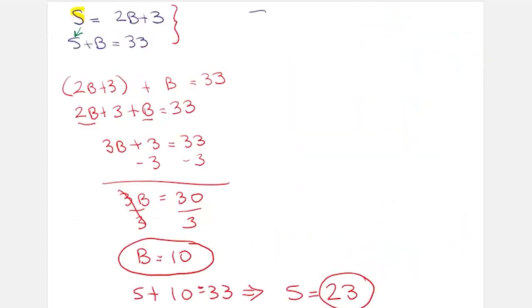Here, this is step 3. Step 3 said solve the equation. And we're solving by, since I know what S equals, I plug it in for S, and then I have a new equation.